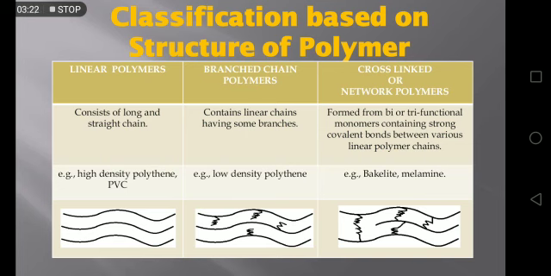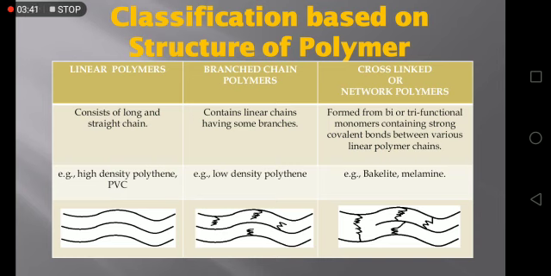Second classification is based on structure of polymer. As you can see here in the diagrams, the linear polymer has long and straight chains. The branched polymers have branching in their chains.